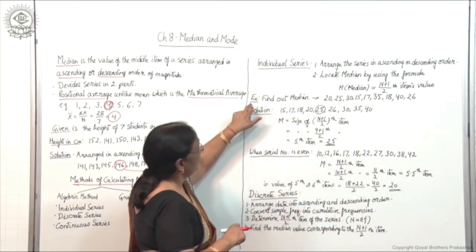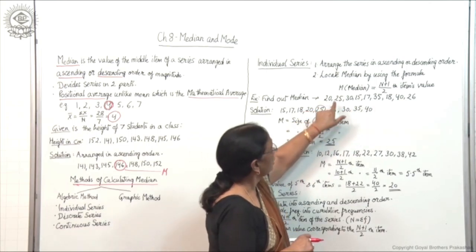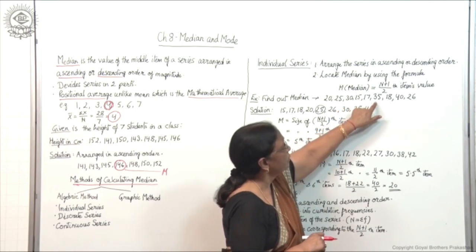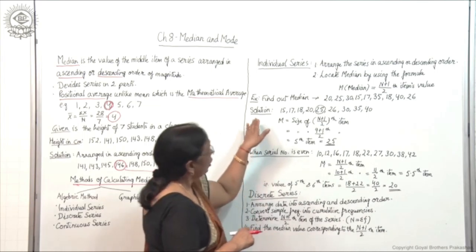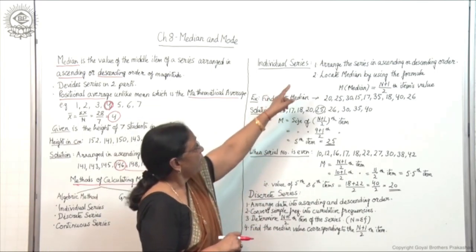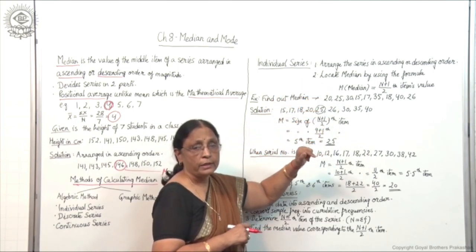Now we will take the example. Find out median from the given data. This data is given: 20, 25, 30, 15, 17, 35, 18, 40 and 26. Now how to calculate median in this case? As it says, arrange the series in either ascending or descending order as the first step.